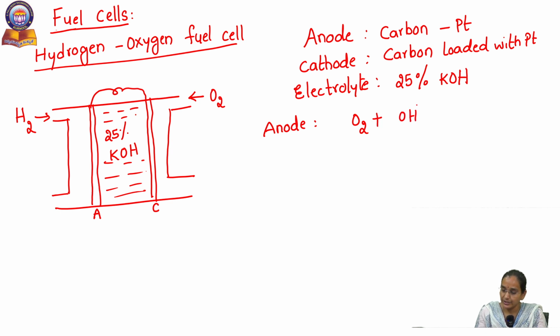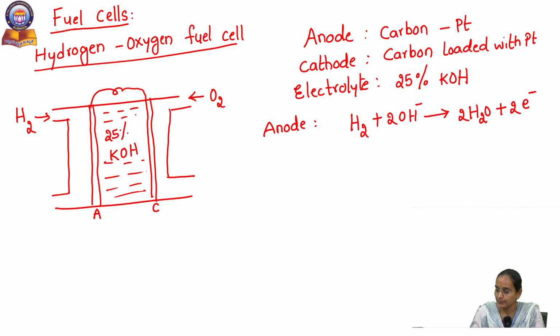At anode, hydrogen is passed and this hydrogen reacts with OH minus ions from the electrolyte and it gives water molecules. This is oxidation.